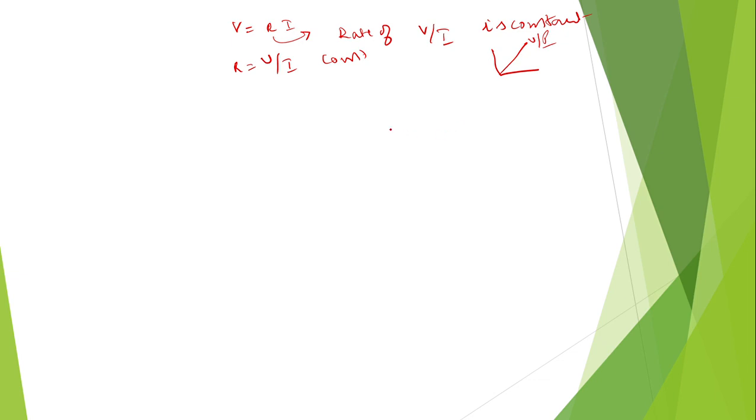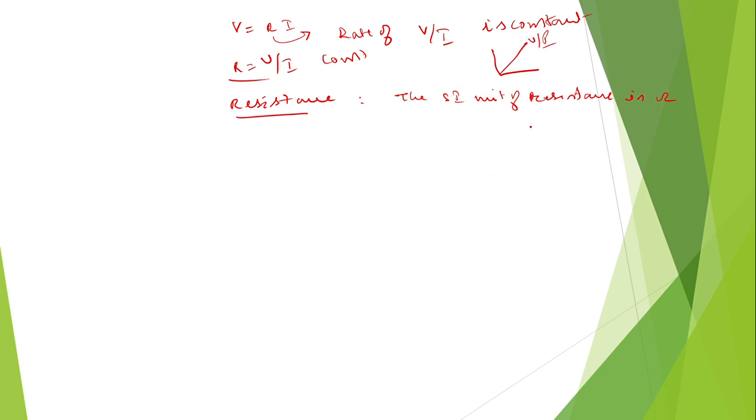Now we will speak about resistance. Now resistance came into the picture. The SI unit of resistance is ohm.